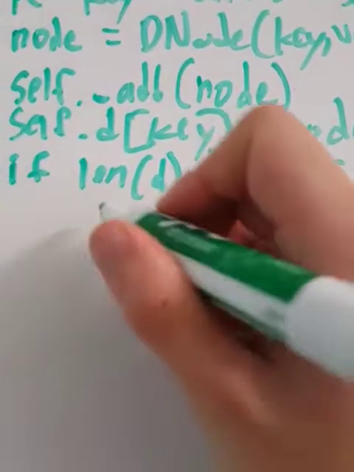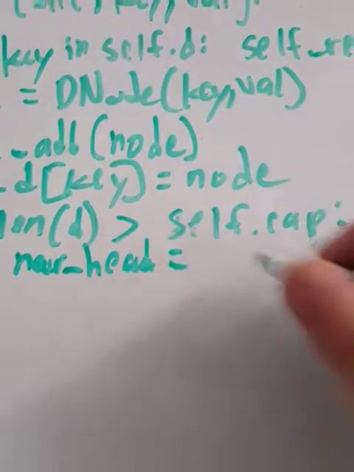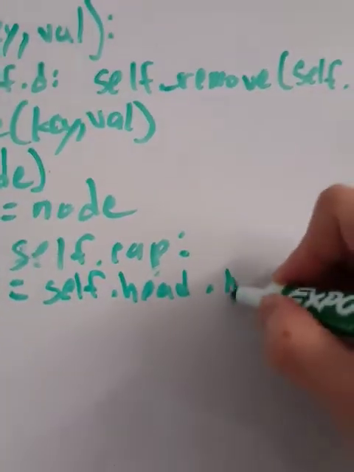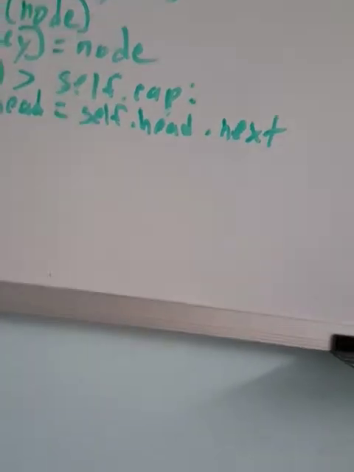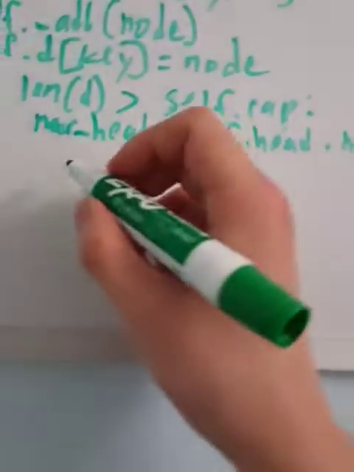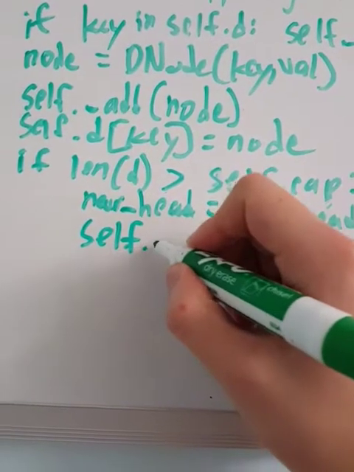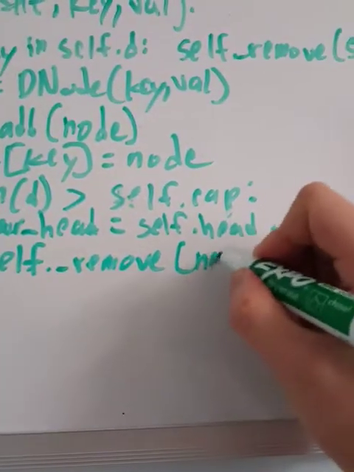So let's say near head is equal to self.head.next, because self.head is a default list node. So near head is self.head.next, so we need to remove that. So all we need to do is we can call the remove function again. Remove near head.